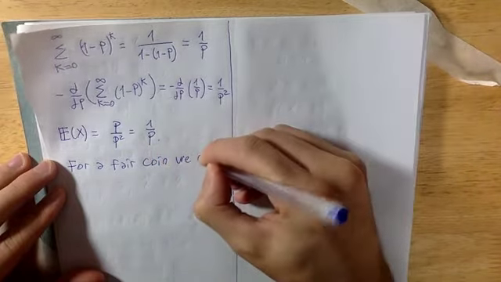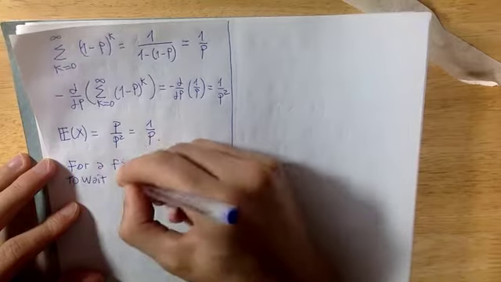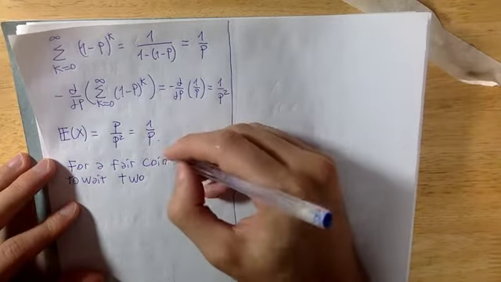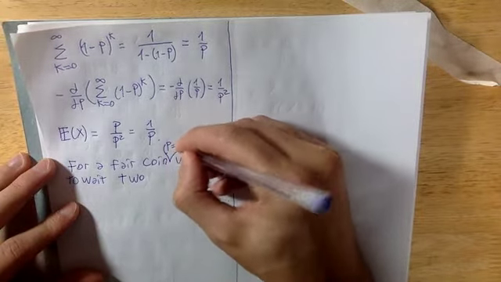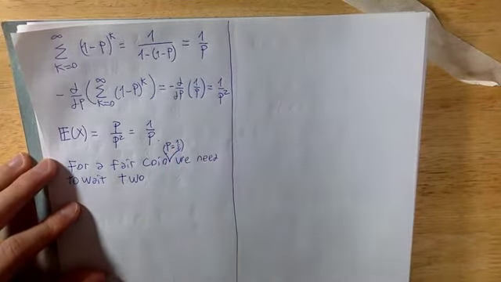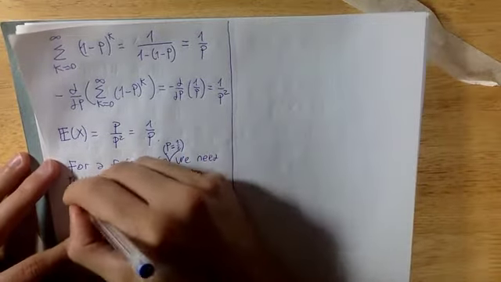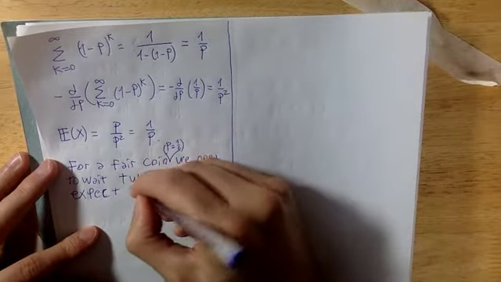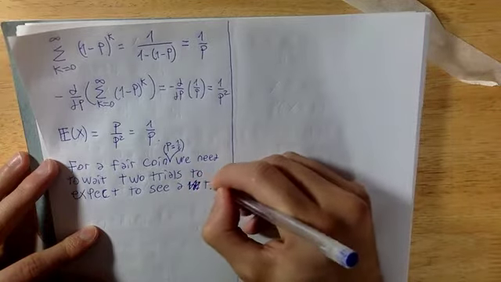Okay, so for a fair coin, this is p equals 1/2. We need to wait 2 trials to expect to see the first heads.